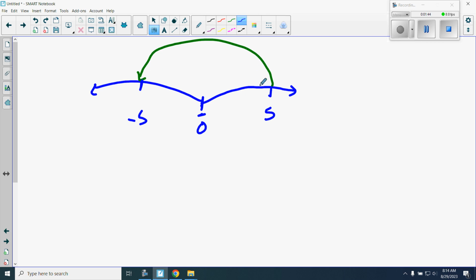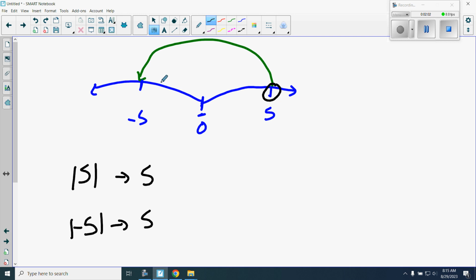Well, how you'll see that written in absolute value form is simply this. The absolute value of 5 is 5. The absolute value of -5 is also 5. Now, as we've talked about previously, 5 and -5 are opposites, but that's not what our absolute value is.